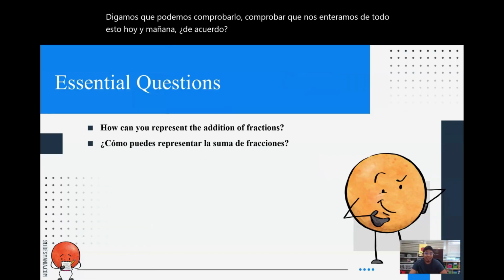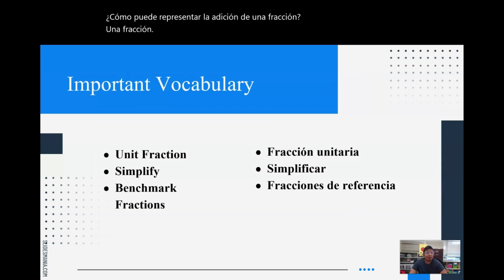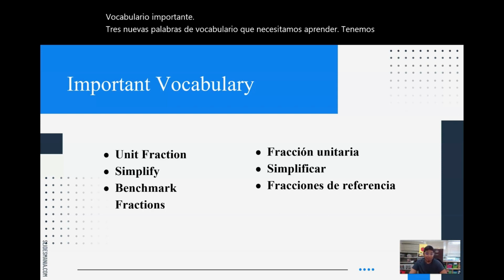Essential questions. How can you represent the addition of fractions? Important vocabulary. Alright, so we have 3 new vocabulary words that we need to learn. Well, actually 2, because we know what a unit fraction is.